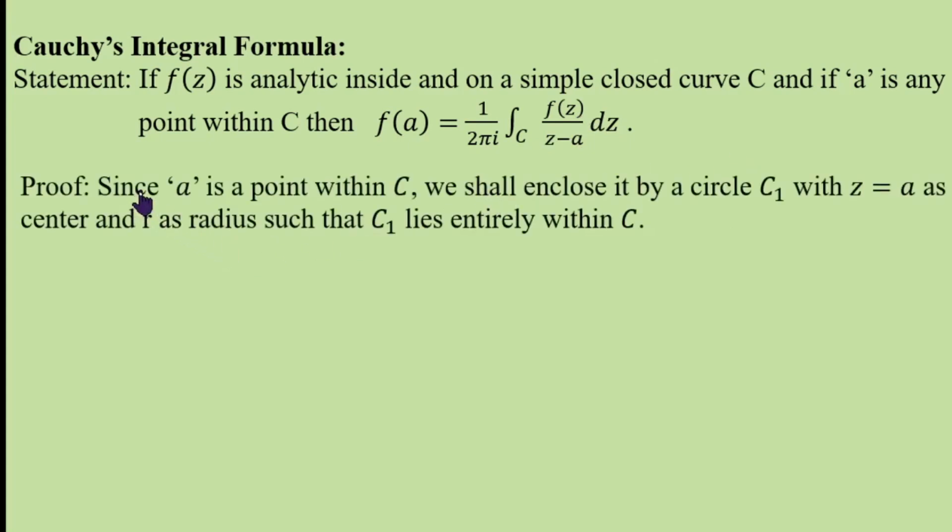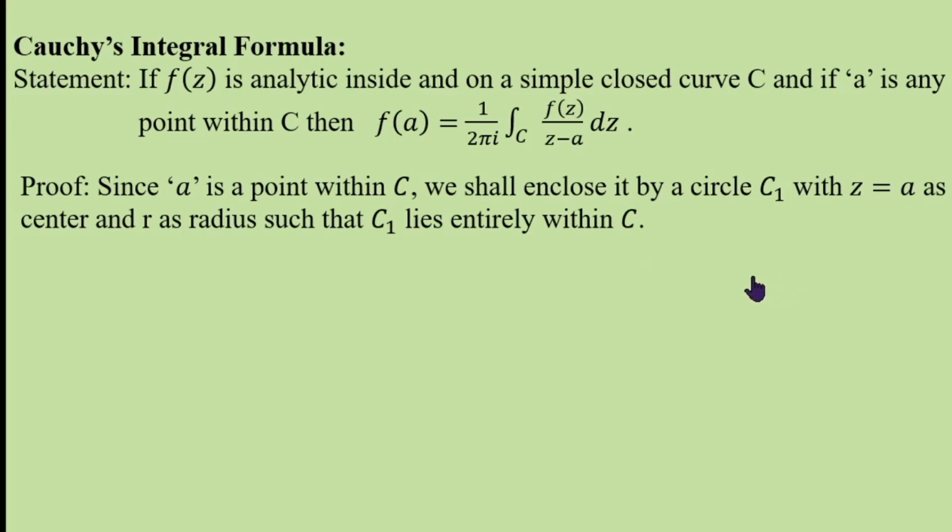The concept here is, a is a point within C. We shall enclose it by a circle C1 with center at a and radius r, here fixed r, and select r such that the circle C1 lies entirely within C. So select one circle C1 with radius r and center at a.